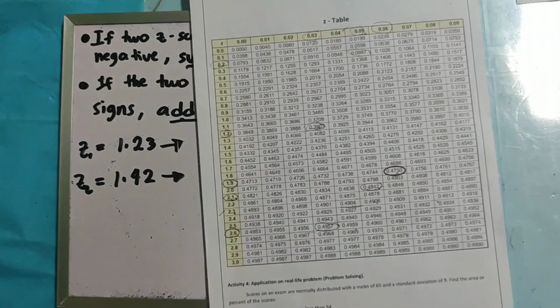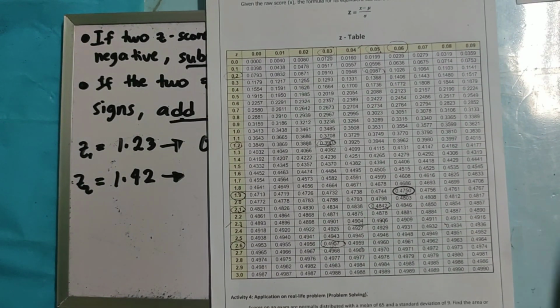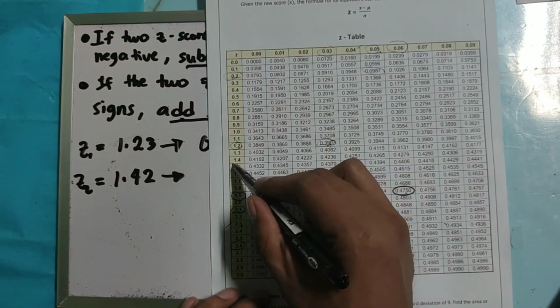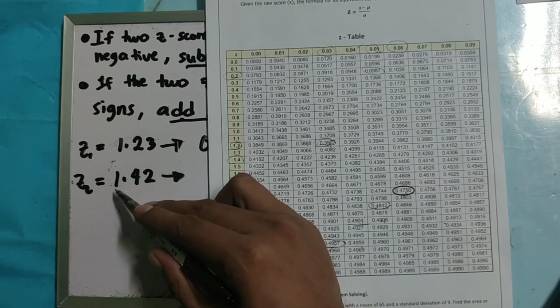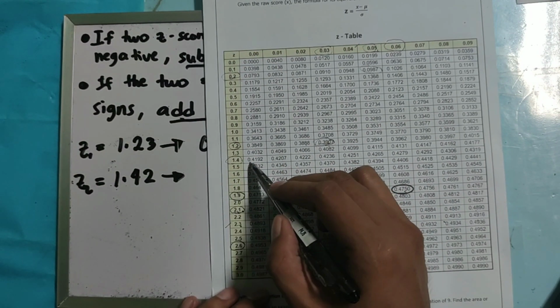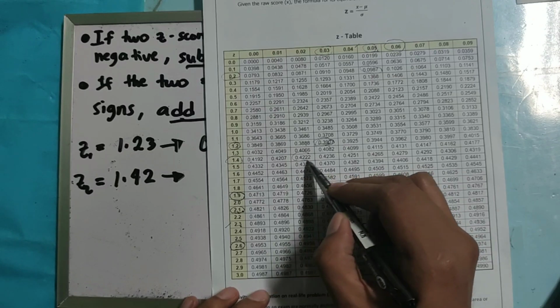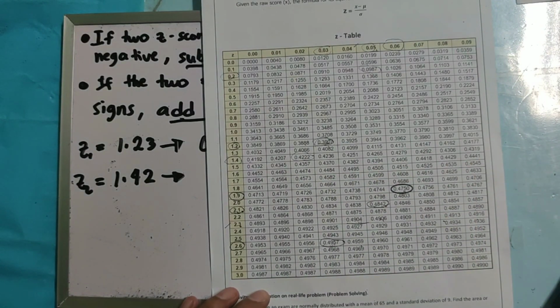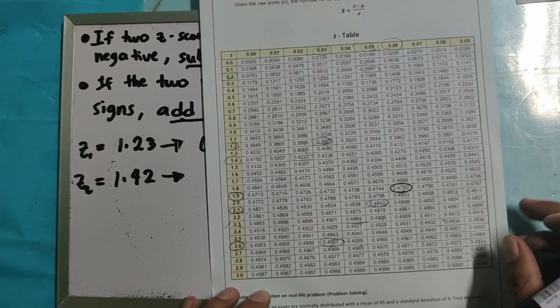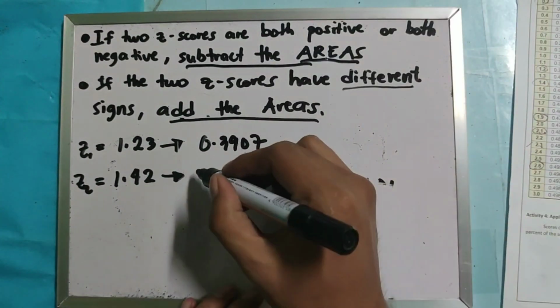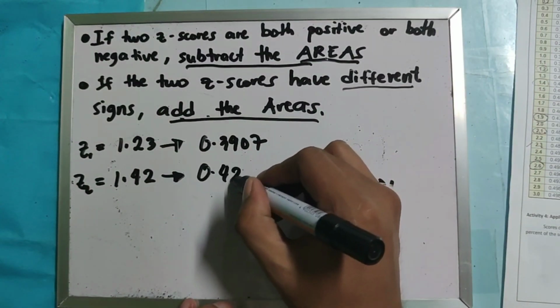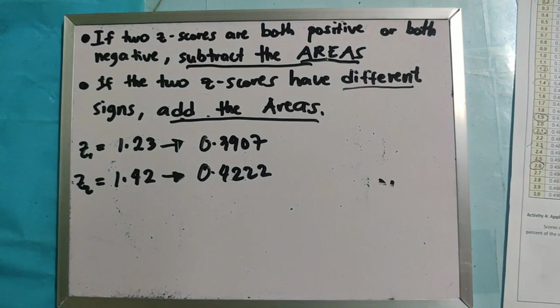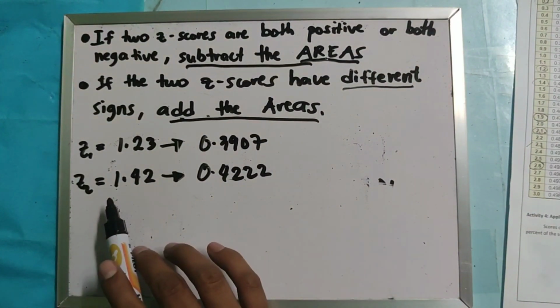And the second area, 1.42. 1.4, nasaan si 1.4? Nandito si 1.4. Connect natin kay 0.02. 0.02 is here. So the area of 1.42 is 0.4222. Okay. So we are done getting the area of our z-score.